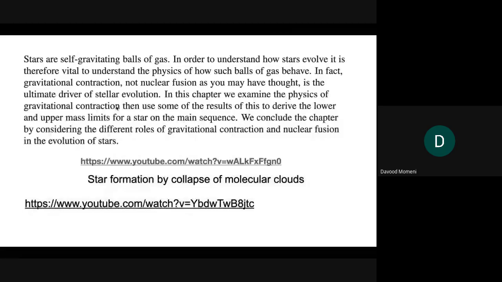The upper limit means the maximum and the lower limit means the minimum mass of the star after the collapse. These are very different and depend on theoretical models, and they also depend on observations.